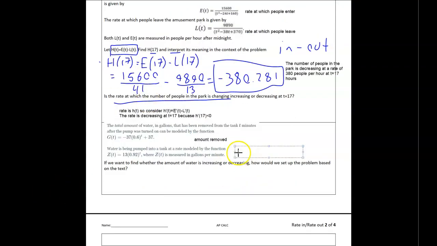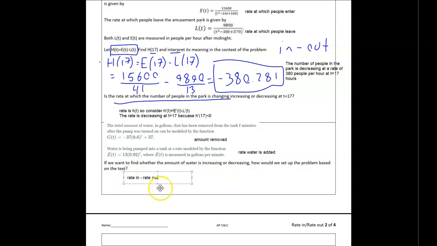It says G is the amount removed, and Z is the rate water is added. So notice there's two different word choices there. They do not mean the same thing. So we need to read carefully so that we can think carefully here. If we want to find out whether the amount of water in the tank is increasing or decreasing, well, we need to consider rate in minus rate out.